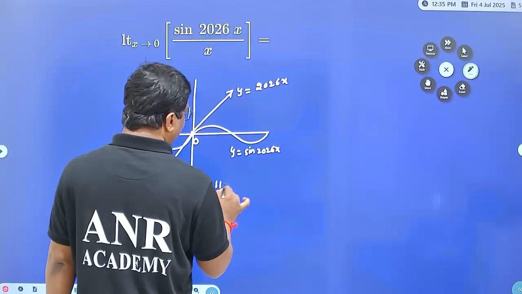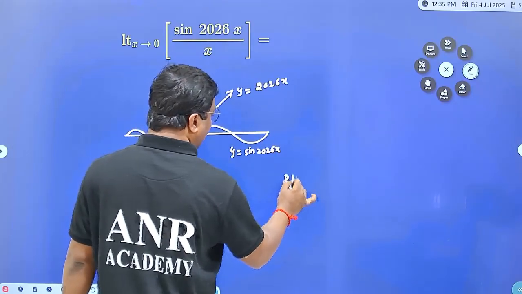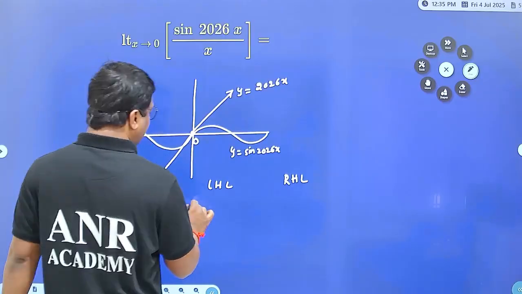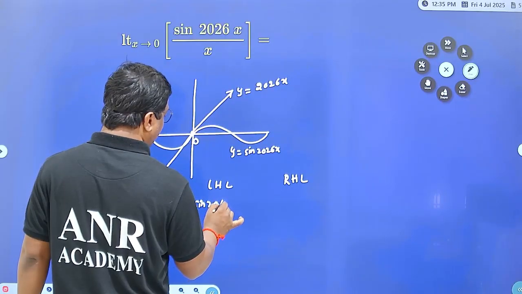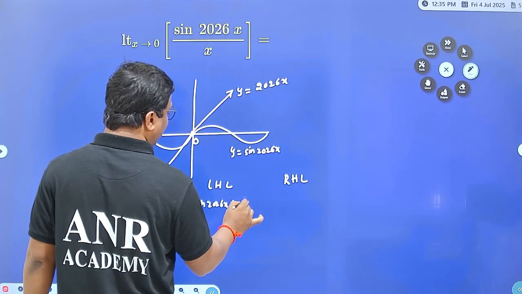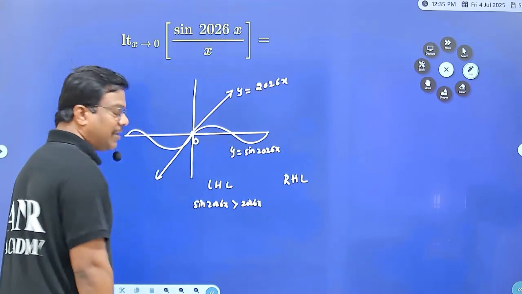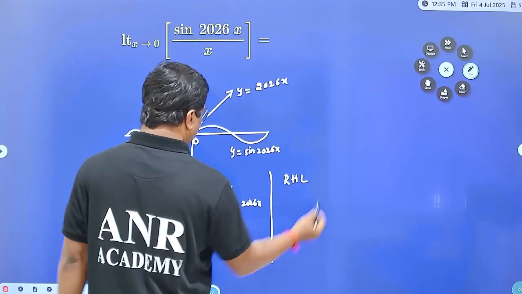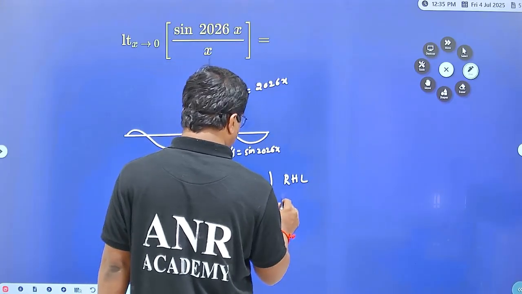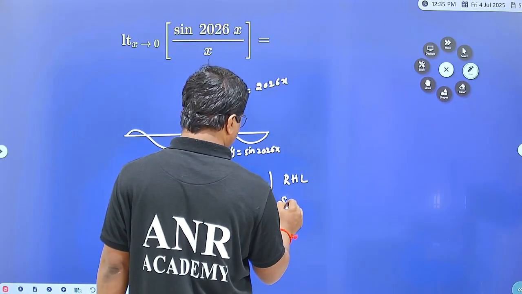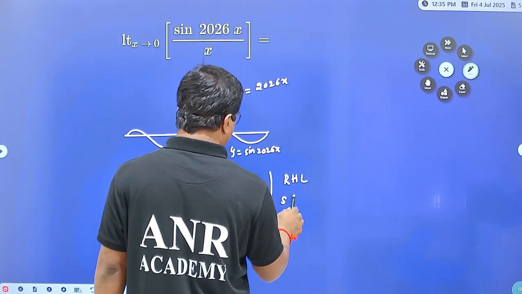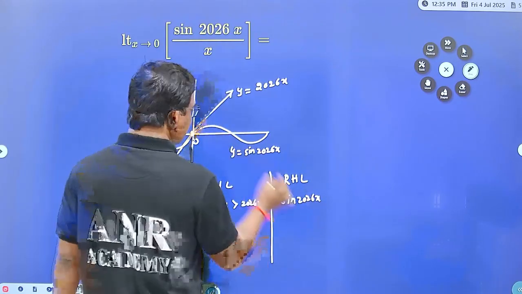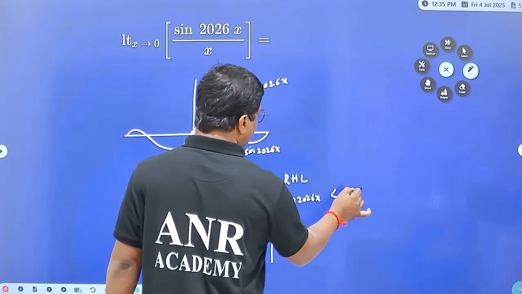Both the left hand limit and right hand limit I am going to cross check. On the left side, the sine quantity is greater compared with the straight line 2026x. On the right hand side, sine of 2026x is less compared to 2026x.